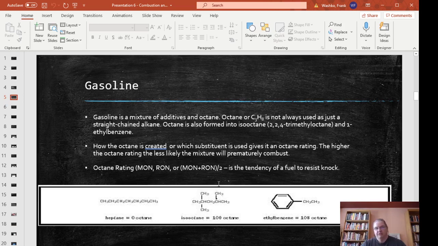It's all false. In fact, it's actually the opposite in one regard, and that is a higher octane fuel resists, I guess, the tendency of it to self combust.